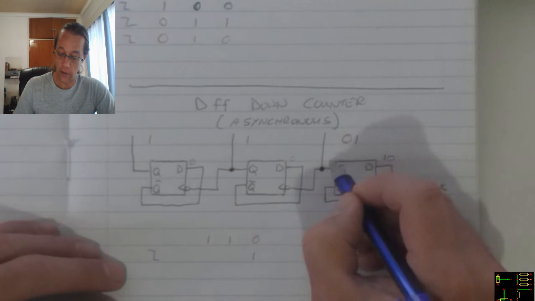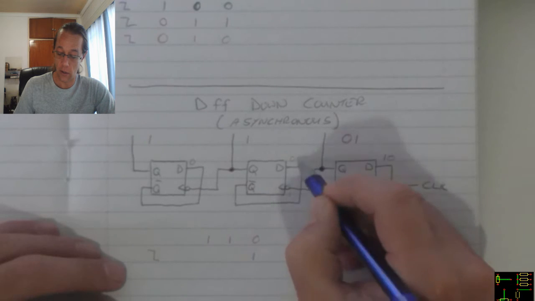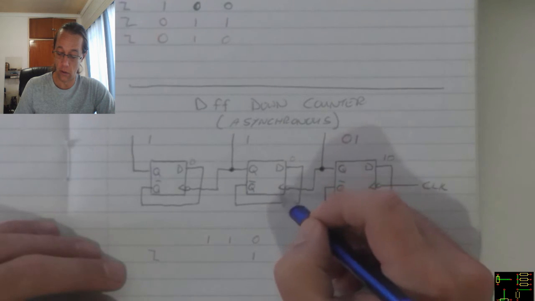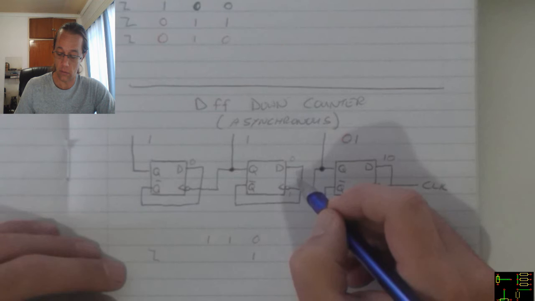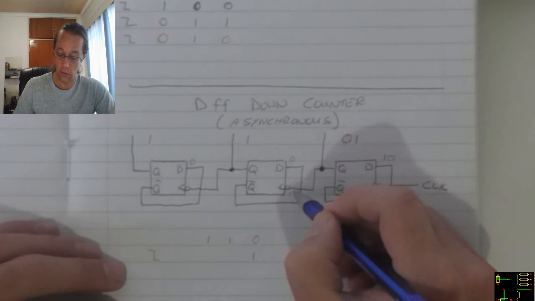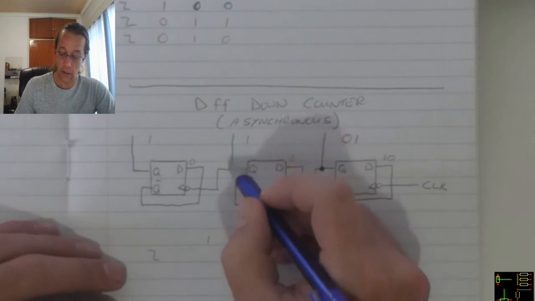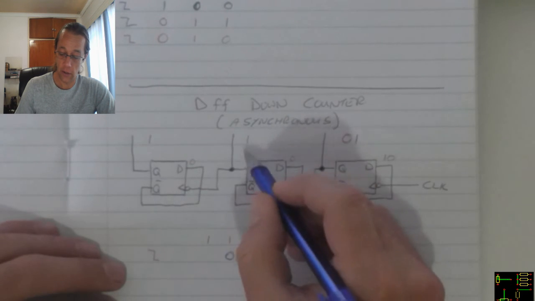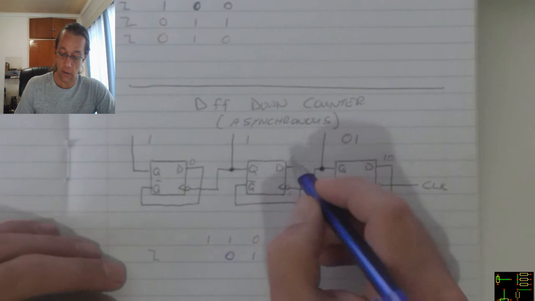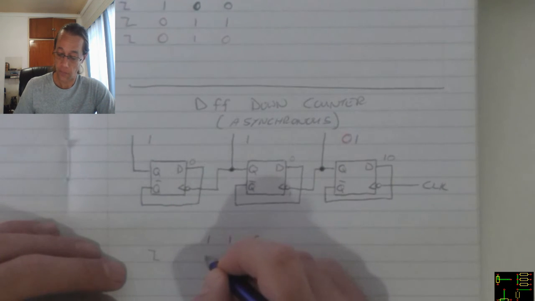When we look, this one feeds in there, which means it's going to hold, no, it's going to toggle, and that one feeding in there is not falling, so it is going to hold its state.